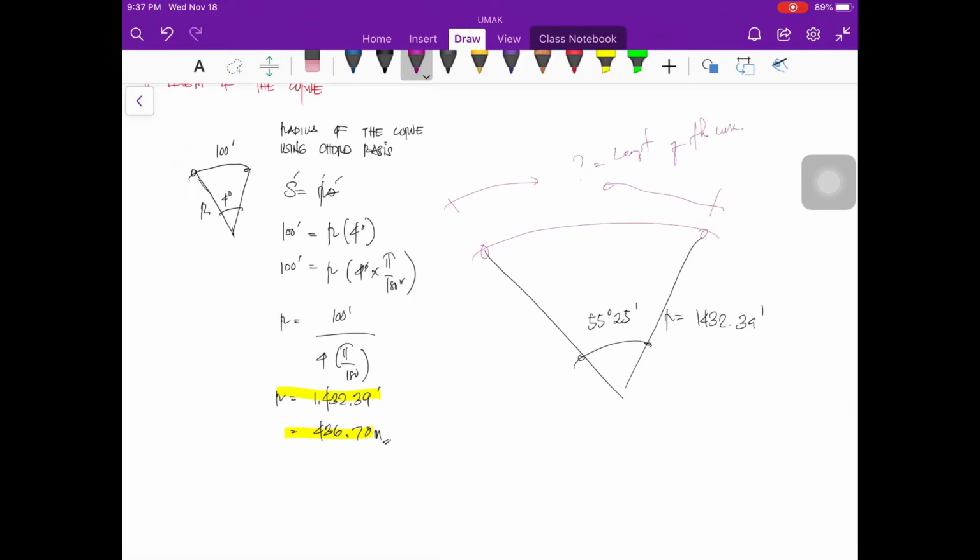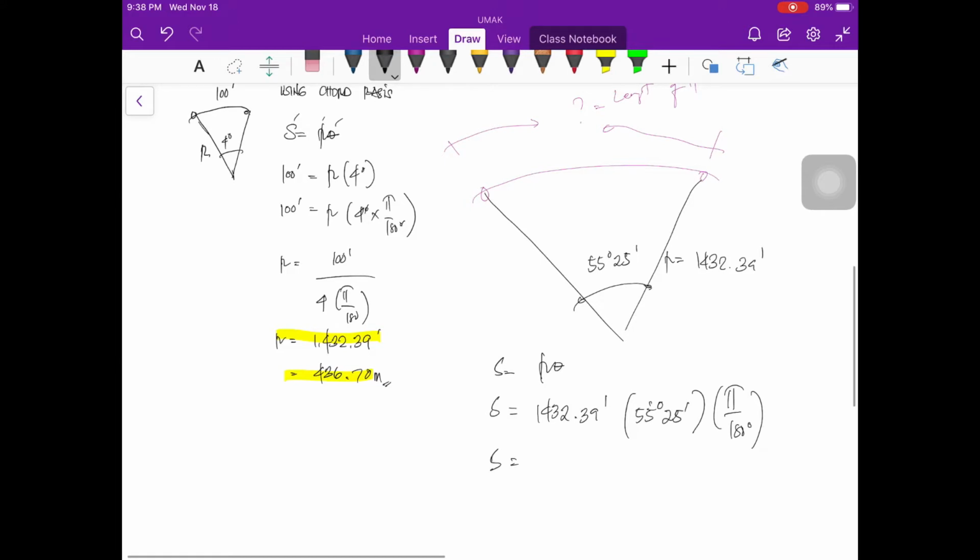So let's follow the formula again. S is equal to R theta. S is missing. R is equal to 1432.39 feet times theta, which is 55 degrees 25 minutes, converted to radian, pi all over 180 degrees.